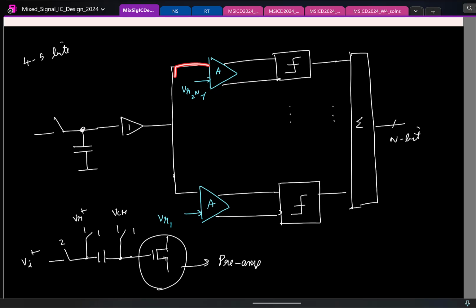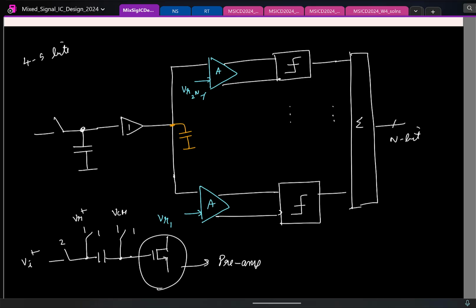And you see all the preamplifiers are connected to this buffer. So if I have a lesser number of preamplifiers, the capacitance offered by all the preamplifiers is going to be smaller. So the load that the buffer has to drive is going to be small. That is the one thing nice about this.